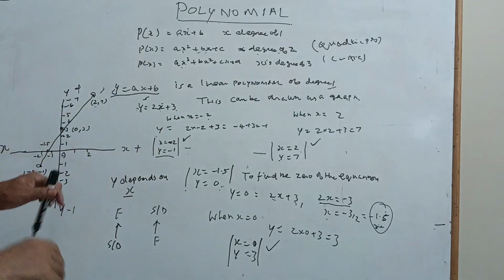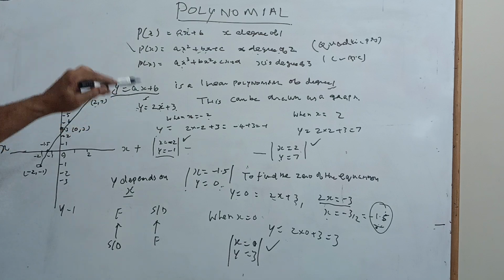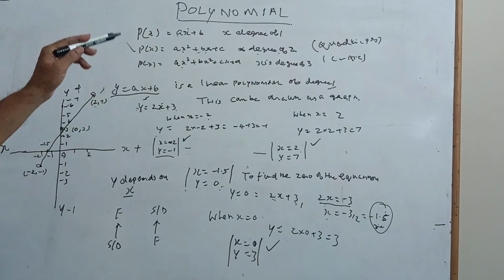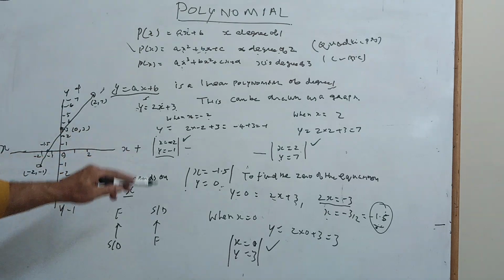Next I will come to the degree 2, quadratic polynomial. I will draw a graph, and the point is, where this graph cuts the x-axis, that is called the zero of the graph, zero of the equation.